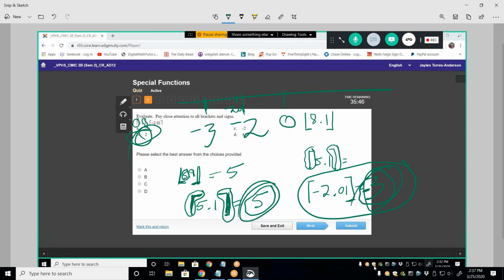So when you're doing least integer function, you go to the left of the number. You put it on a number line and you go as far left as you need to find another integer. Where's the point right there? Well, the least, I got to go to the left, and the next integer I find is minus 3. Okay?